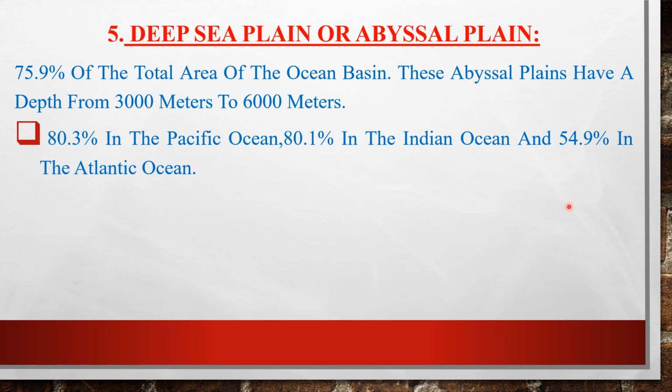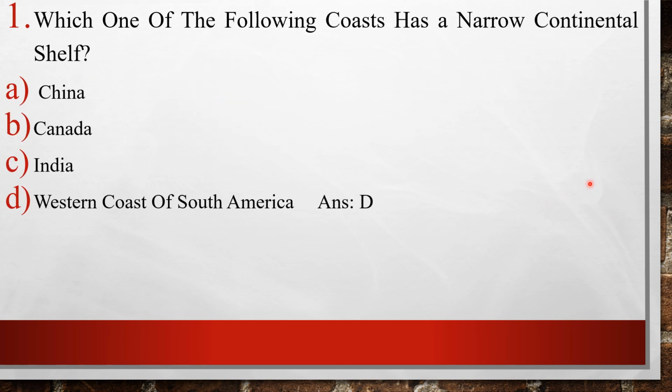So I have discussed these 5 major relief features of the ocean basins. Then I will discuss 3 questions and answers. Which one of the following coasts has a narrow continental shelf? I used this example in the previous slide. This is the western coast of South America. This is the answer. This type of question you will find in any exam, especially the NTA NET exam.